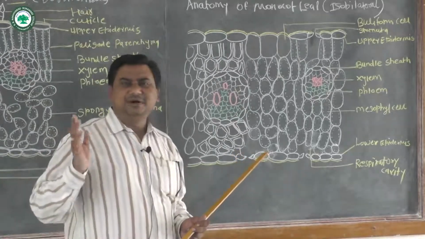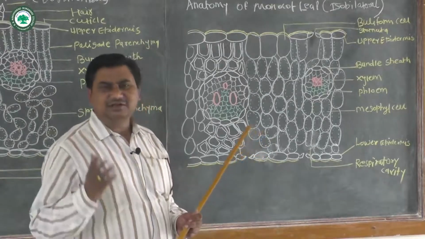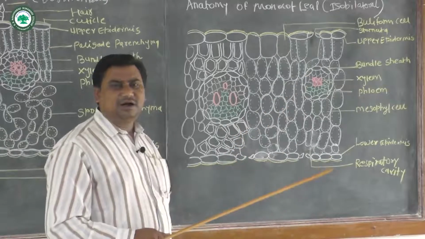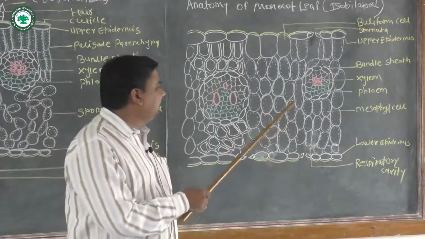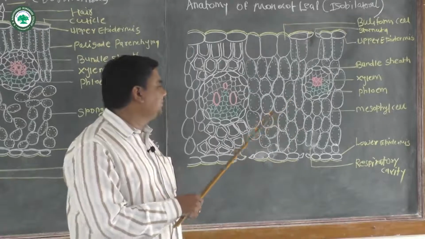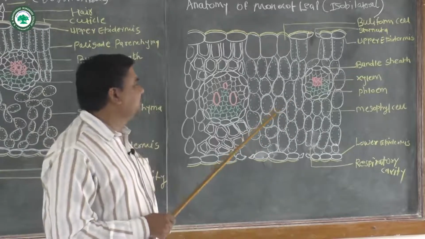We saw the palisade cell and spongy cell. Here, this is one of the differentiating features from the dicot. There is an absence of the two cells, or there are no two distinguishing regions, that is the palisade region and the spongy region.